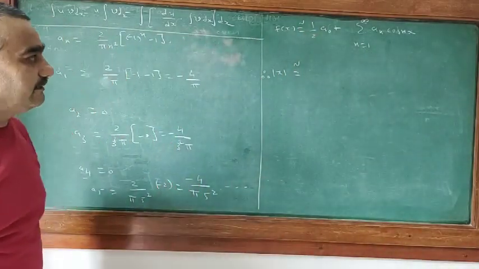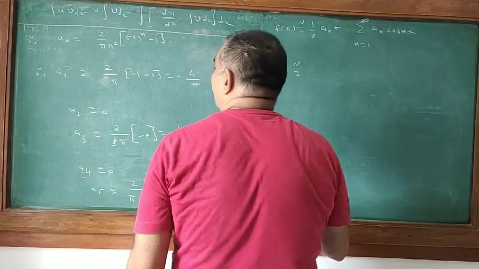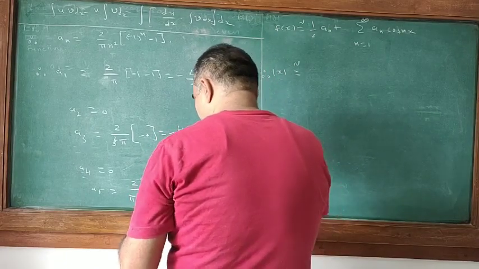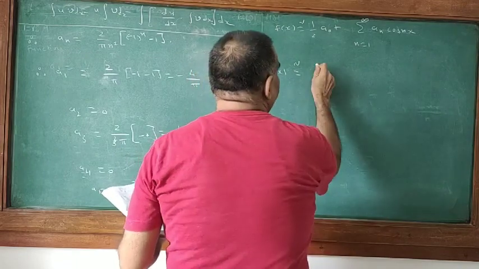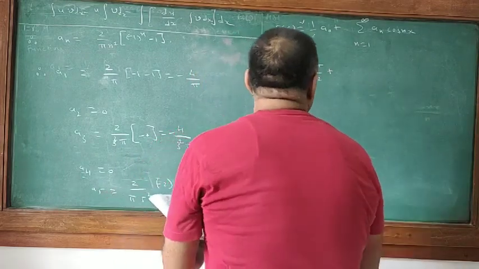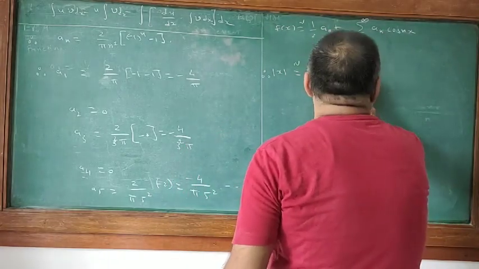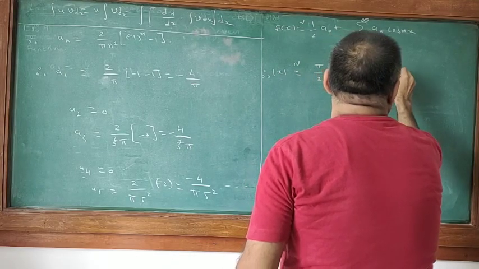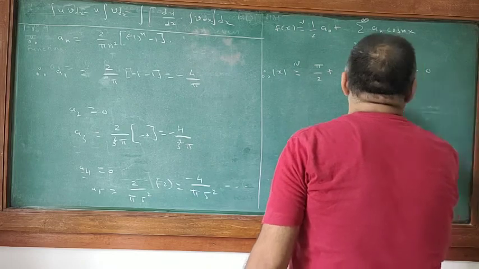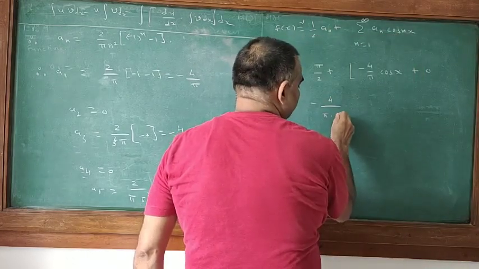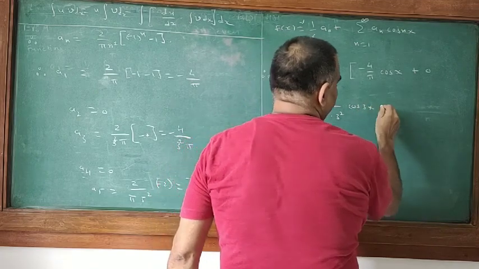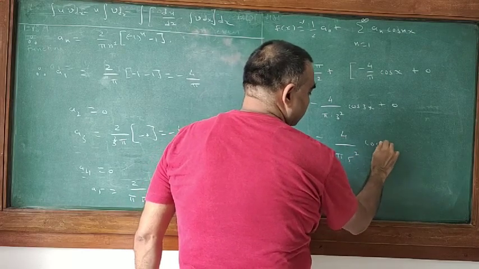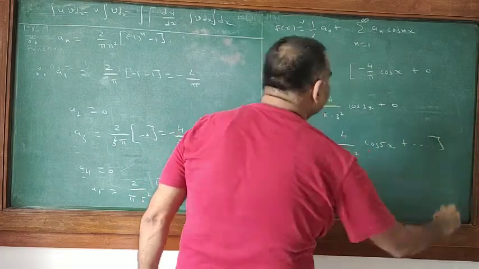So we may write it like approximate values. Therefore this is equal to pi by 2, because the value of a0 is pi, plus the value of a1, minus 4 upon pi cos x, plus 0, minus 4 upon pi 3 square cos 3x, plus 0, minus 4 upon pi 5 square cos 5x, plus other values.